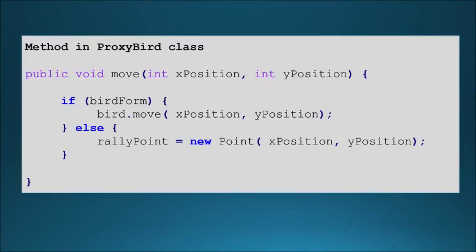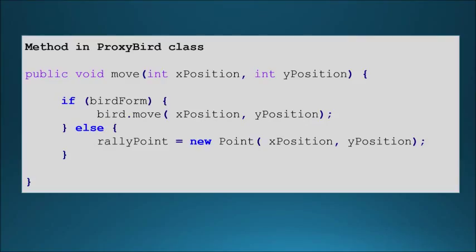So here's a Java method that might shed some light on this. So imagine that we have a bird class, which is our actual object, and then we have a proxy bird class. And they both implement an interface, some movement interface that has a method called move. So this movement implementation would be for the proxy bird class.